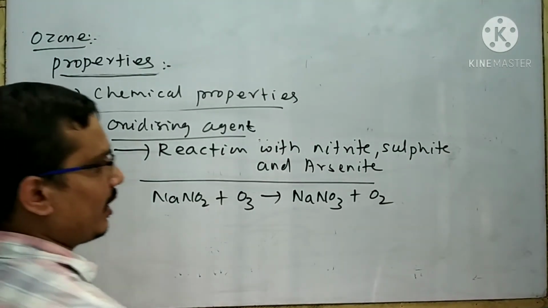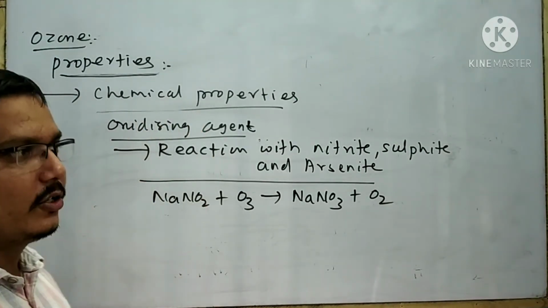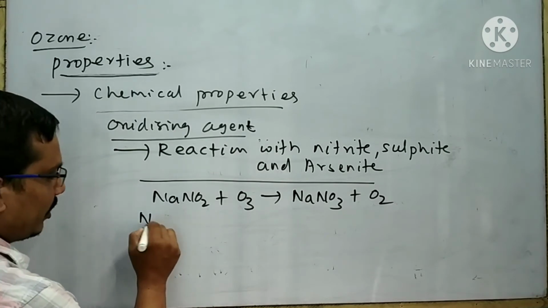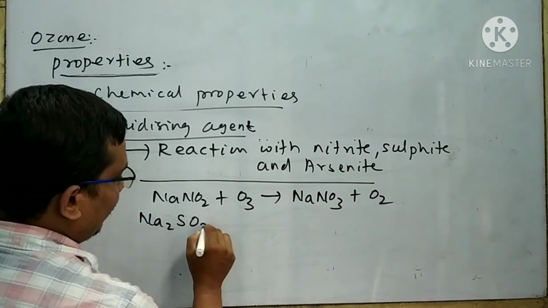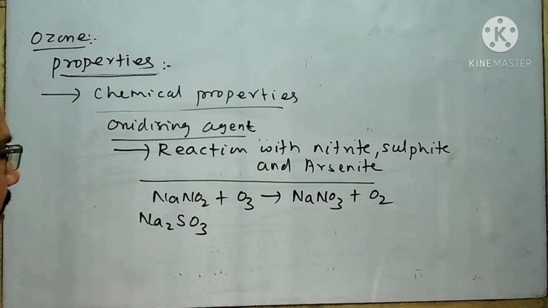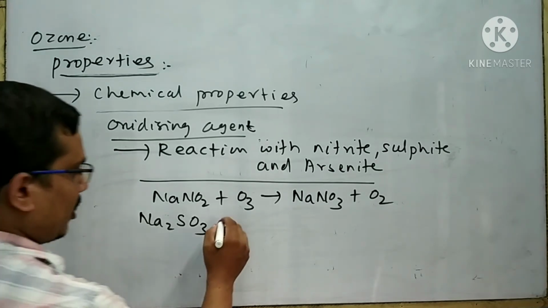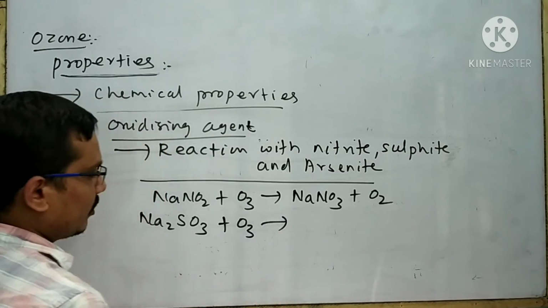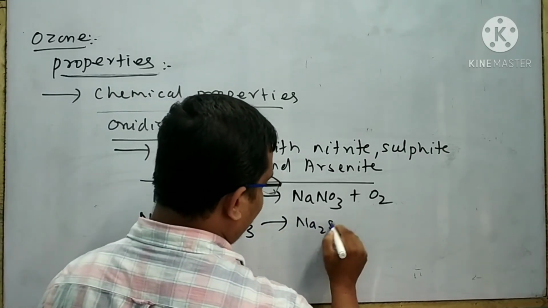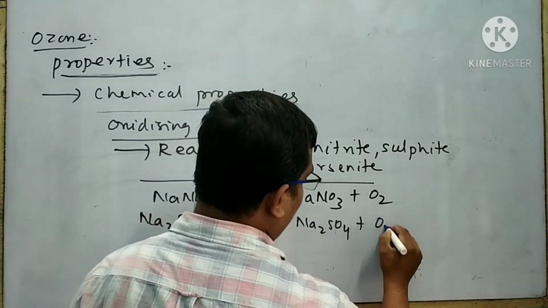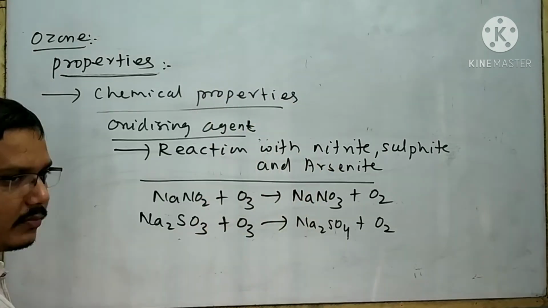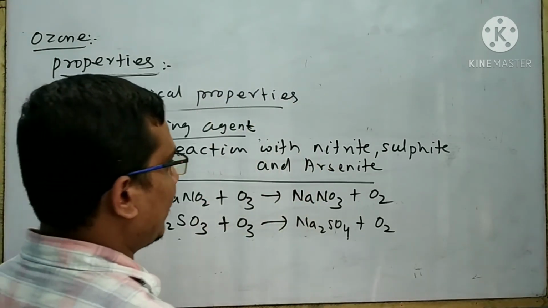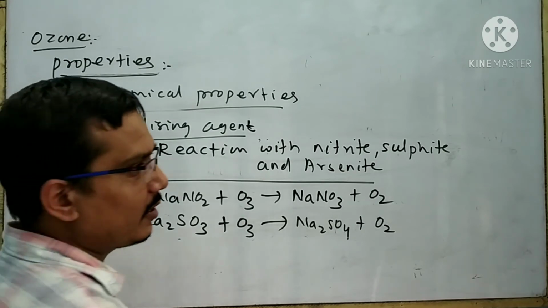Similarly, I will take an example of sulfite. Suppose I will take sodium sulfite, and the sodium sulfite is subjected to reaction with ozone, then sodium sulfate and oxygen are formed. Similarly, I will take an example of arsenite.